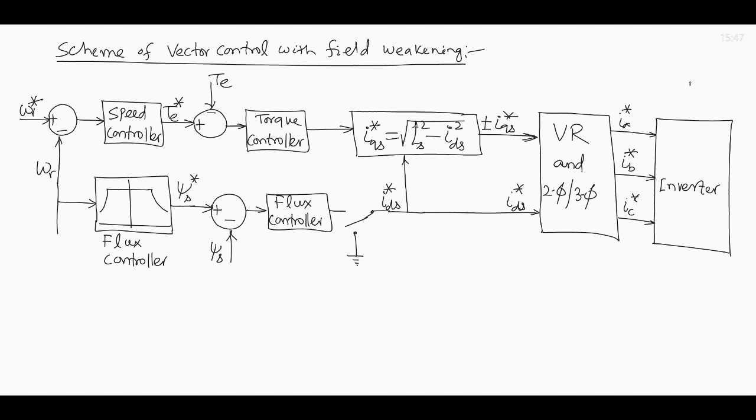The inverter has also the DC supply, VD power supply, and feeds 3-phase supply to the synchronous motor SPMSM. Then there are current sensors sensing the 3-phase stator currents and feeding them to the estimation block.